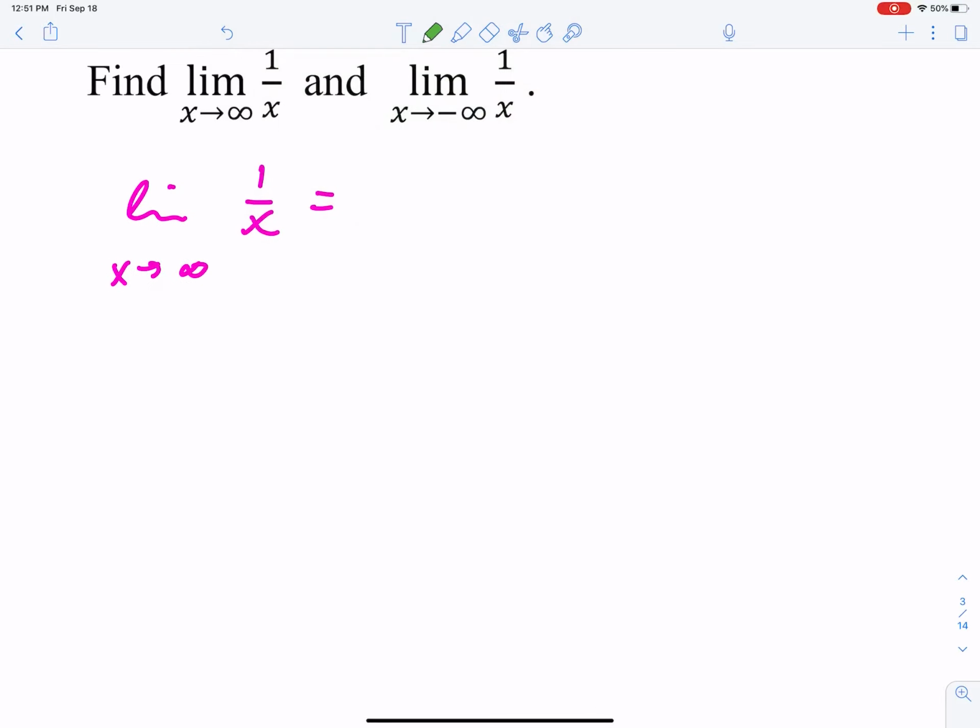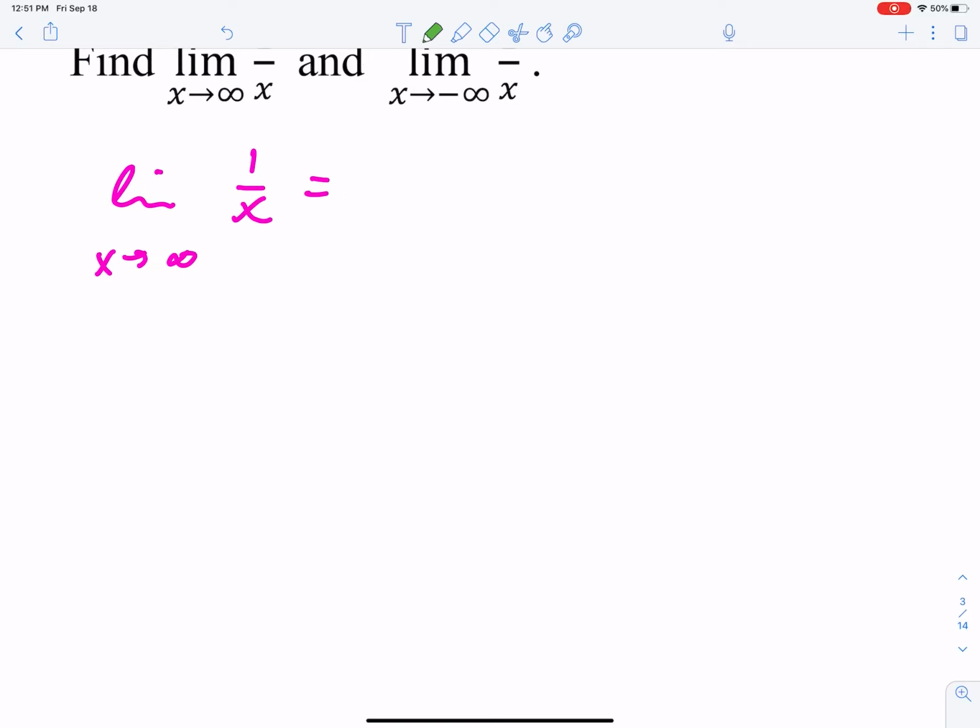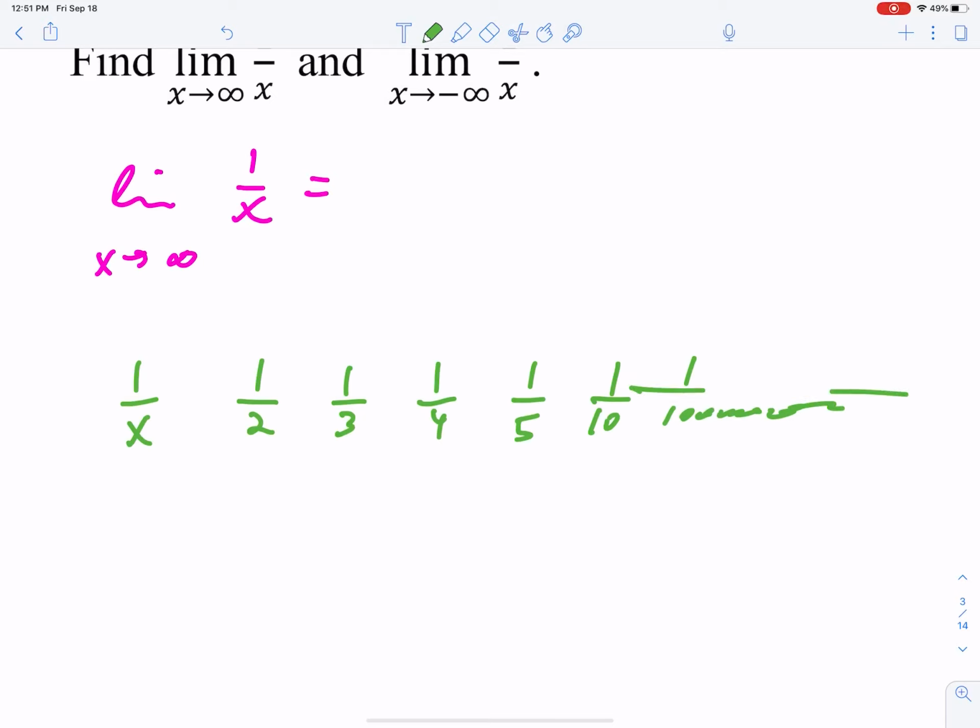We kind of talked about this in the last section, but going the other way. As the denominator gets incredibly large, what happens to your fraction? Well, let's analyze it. So let's see, 1/2, let's make the denominator bigger. 1/3, denominator bigger, 1/4, 1/5, 1/10, whatever, however many zeros that is.